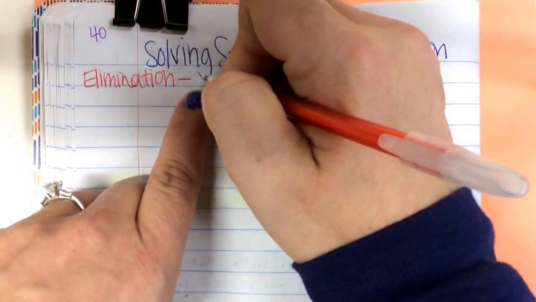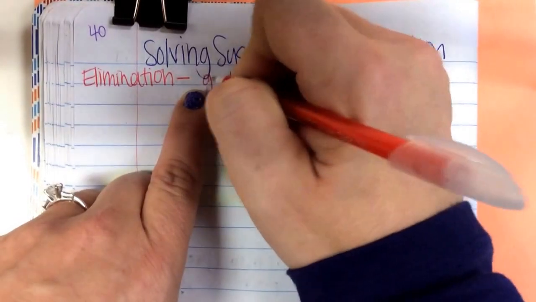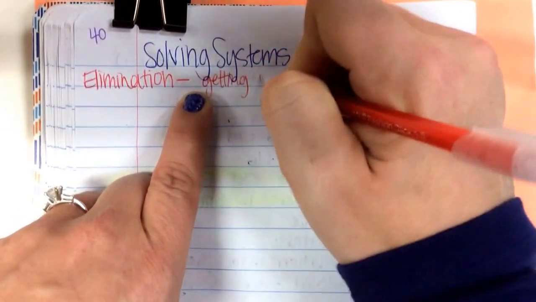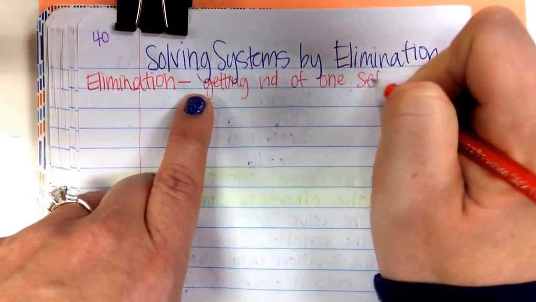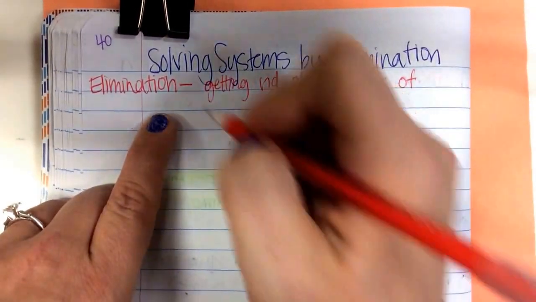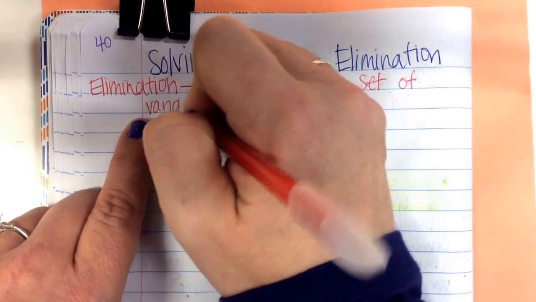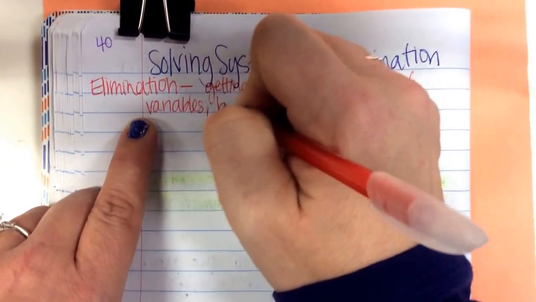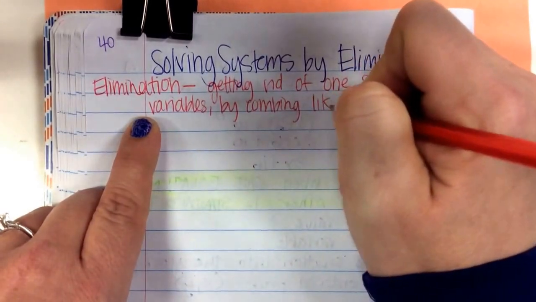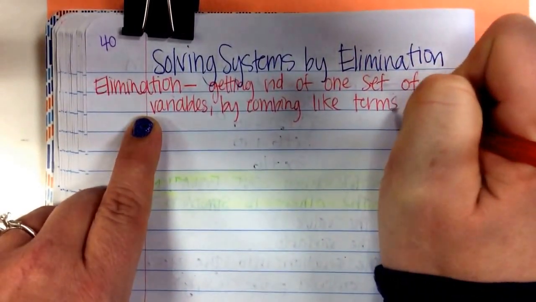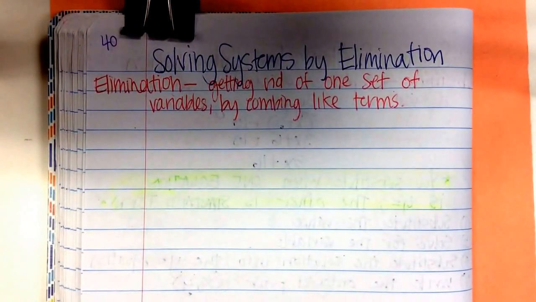So elimination is getting rid of one set of variables by combining like terms.